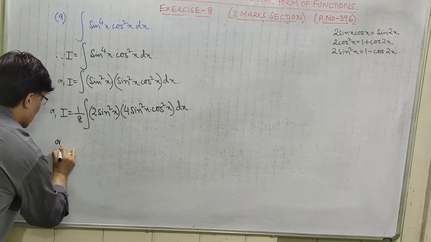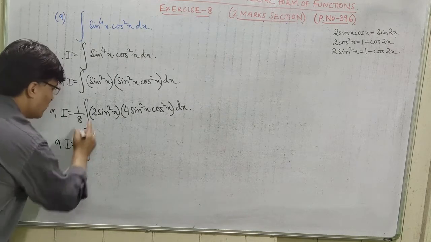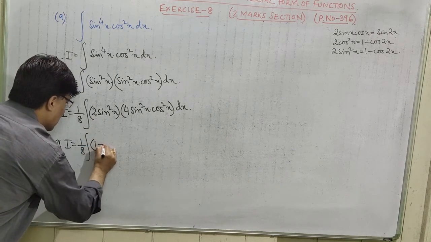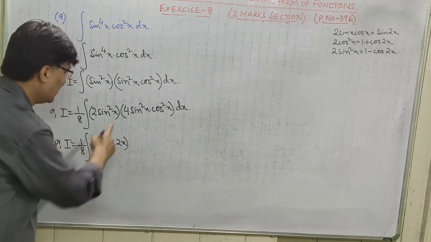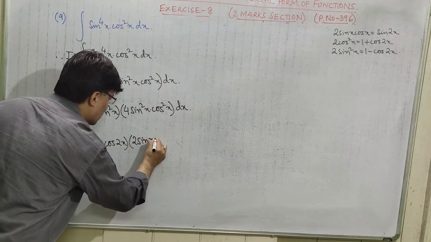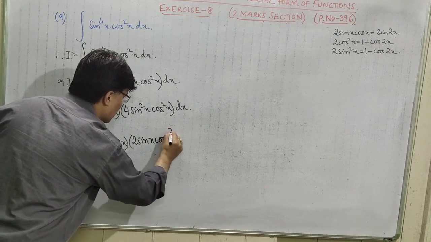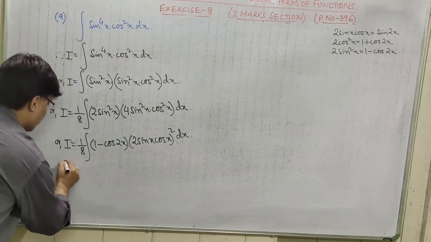Okay. So I is equal to 1 by 8 integration of, what is 2 sine square x? It is 1 minus cos 2x. But here you should convert it into the form of 2 sine x cos x. Then you should write here whole square. Then what do we write? Dx, right?